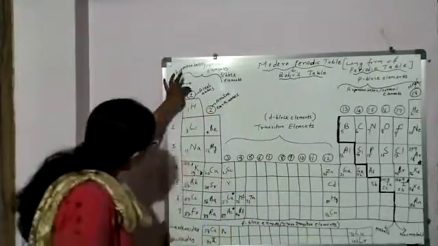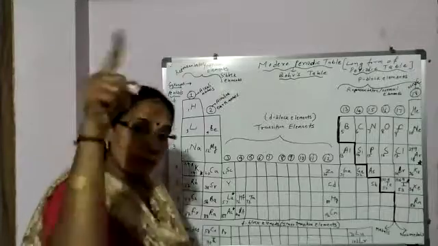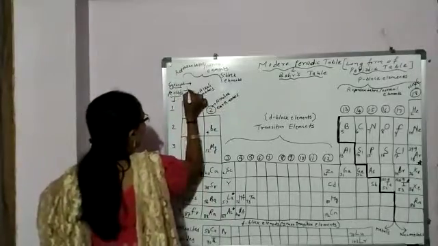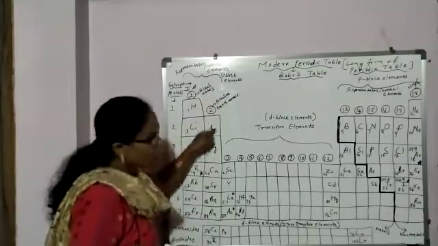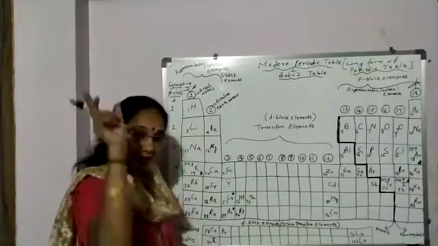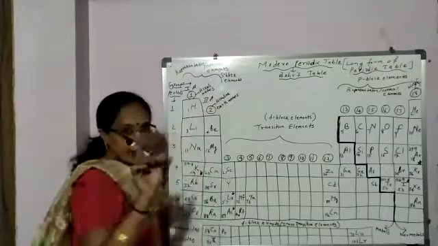So, group 1 which you see here in the modern periodic table was 1A in Mendeleev's periodic table. Group 2 in the modern periodic table was 2A in Mendeleev's. Clear?